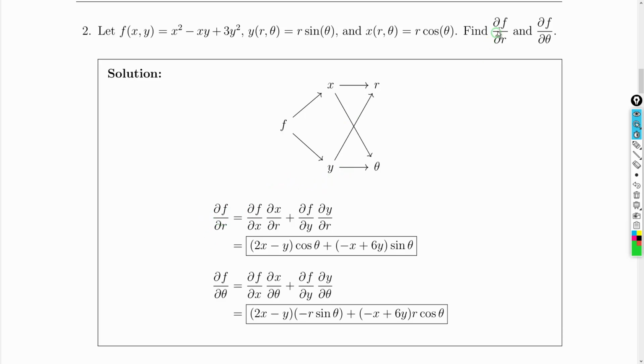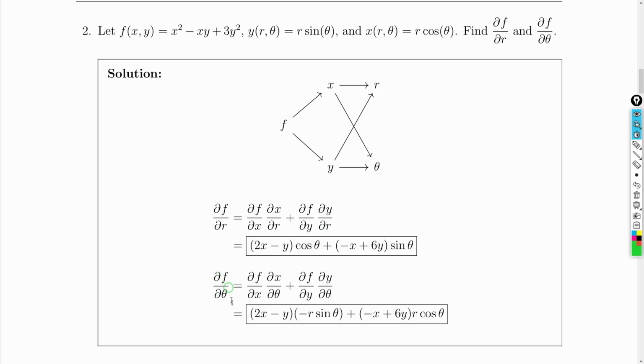So computing df dr involves the paths going from f to r. You have one path going through x and one path going through y, and those will set up these two terms in the multivariable chain rule: df dx times dx dr and df dy times dy dr. And then you can compute that.